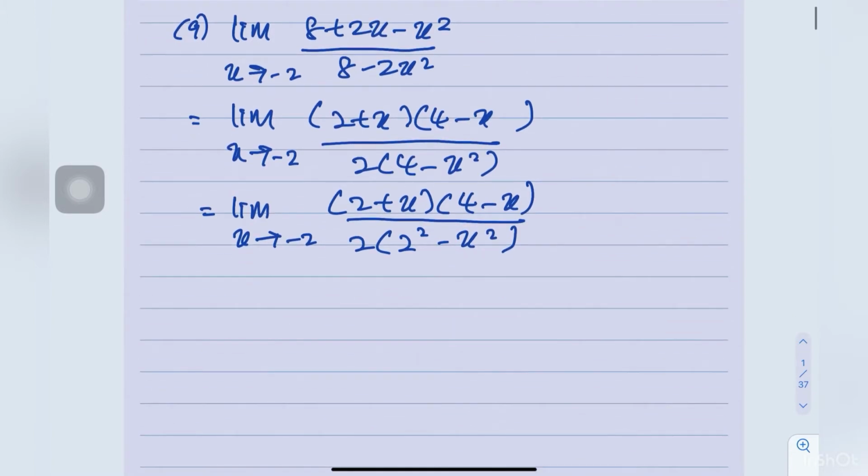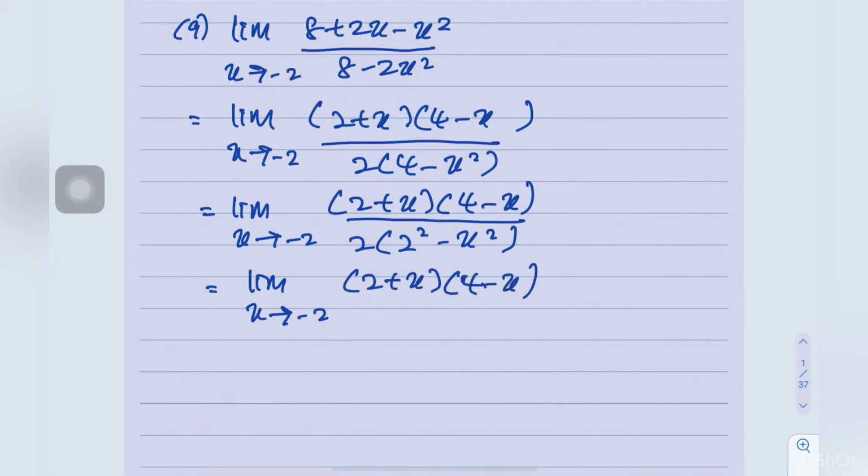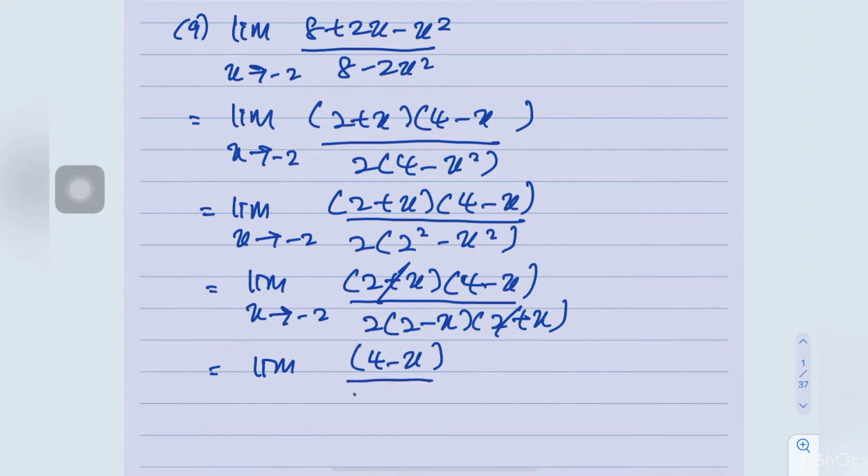So we simplify, and this becomes (4 - x) over 2(2 - x).